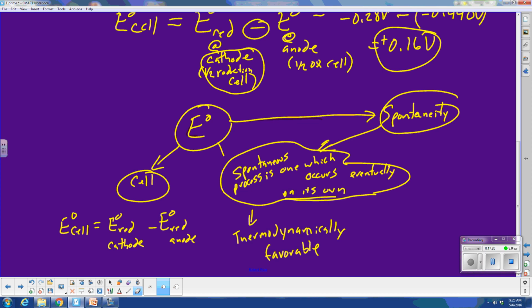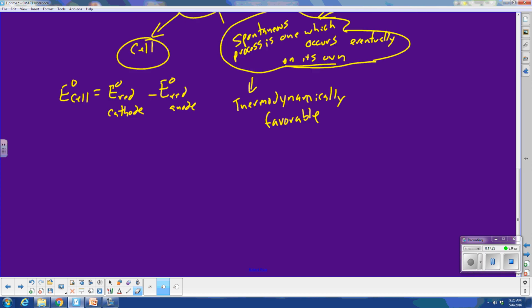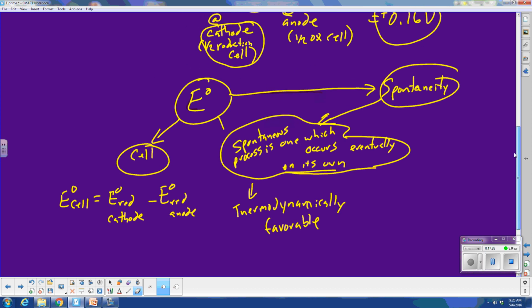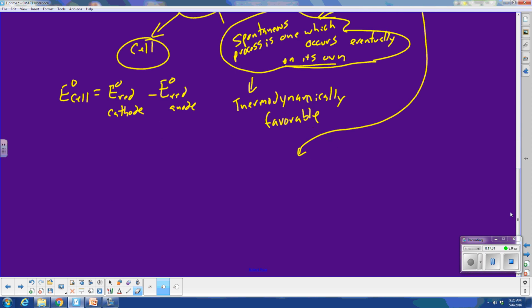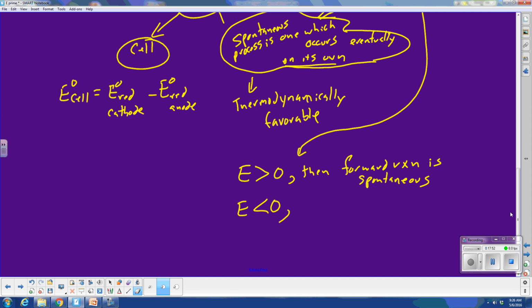Good. Now, how do we determine whether something is thermodynamically favorable? It's real simple here. If E is greater than 0, if it is positive, then the forward reaction is spontaneous. If E is negative, then the reverse reaction is spontaneous.